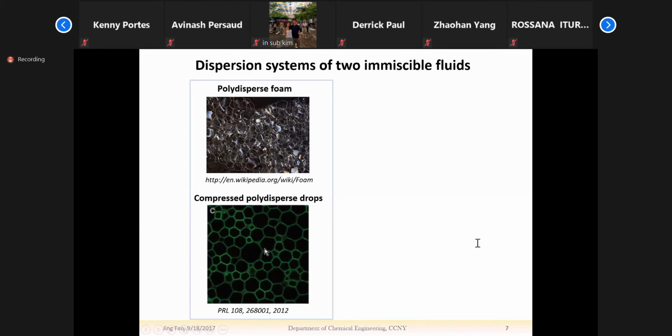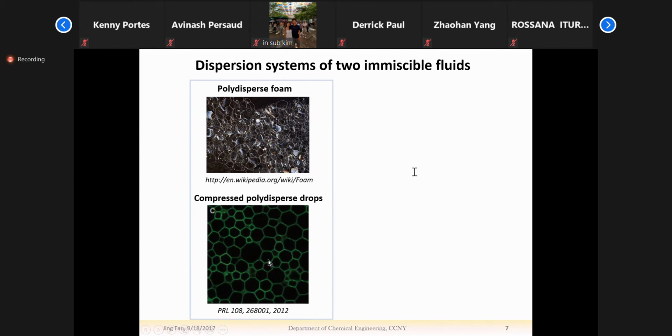This is the corresponding emulsion system, basically droplets in a continuous phase. When you remove the continuous phase to a large extent, these bubbles or droplets will have to deform, right? They cannot remain in their spherical shape anymore.